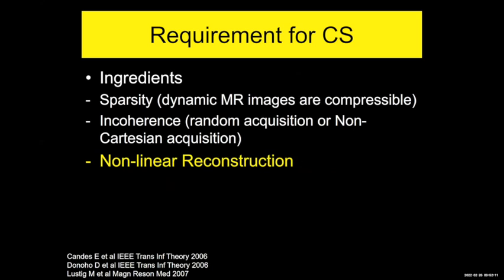Again, the requirements for compressed sensing reconstruction is the fact that MR images have to be sparse or compressible. We acquire the data in random acquisition schemes. We acquire quite many of our acquisitions with radial acquisition schemes, can acquire with non-Cartesian spiral acquisition schemes, and then you can basically use a nonlinear reconstruction to suppress undersampling artifact while maintaining the information content.